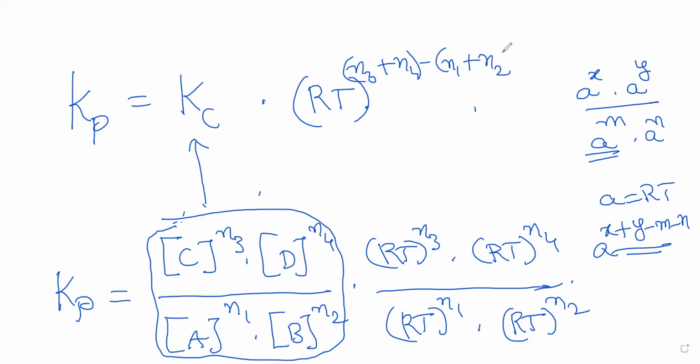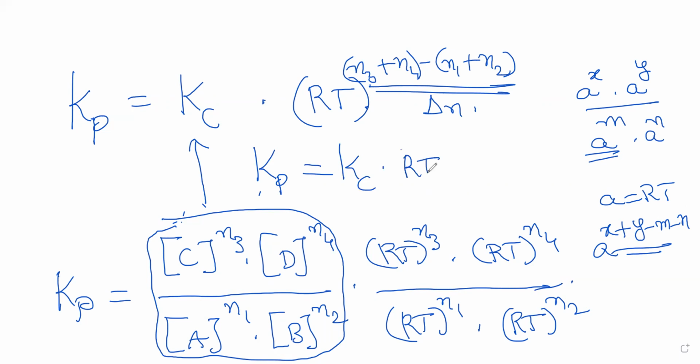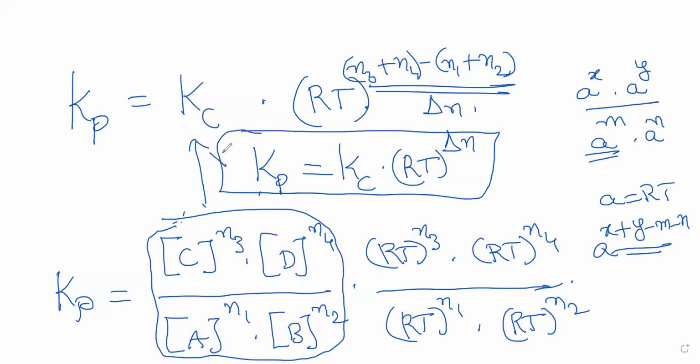I told you what this factor is. This factor happens to be delta n, right? So we can write Kp is equal to Kc into RT whole to the power of delta n. This is the complete derivation. Note it. I hope you are clear. If anyone asks you how to derive this, you can derive this, right?